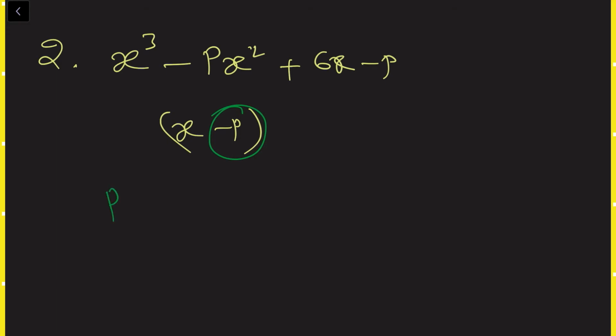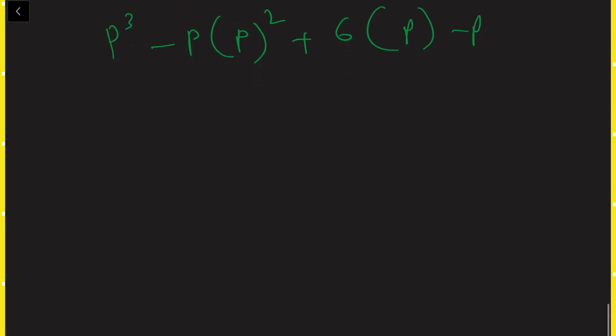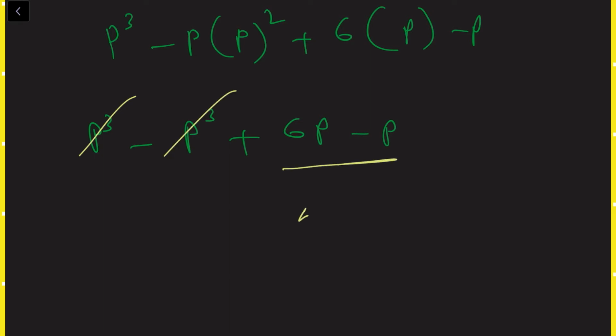So p cube minus p into p square plus 6 into p minus p. P cube as it is, minus p into p square is p cube, plus 6 into p is 6p, minus p. P cube minus p cube cancel, so remains with 6p minus p, 5p. So the remainder is 5p.